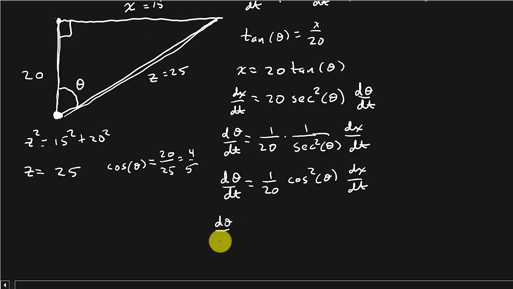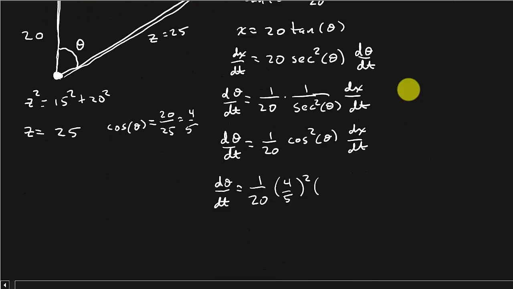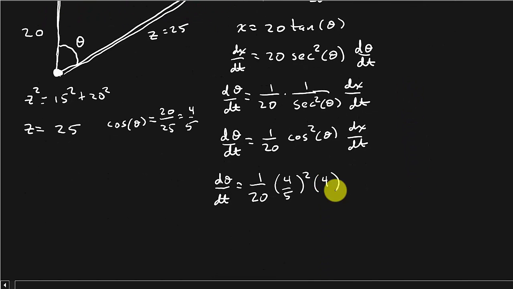So I get d theta dt is 1 over 20 times 4/5 squared times 4. When we plug all of that into the calculator, that gives us 0.128 radians per second.